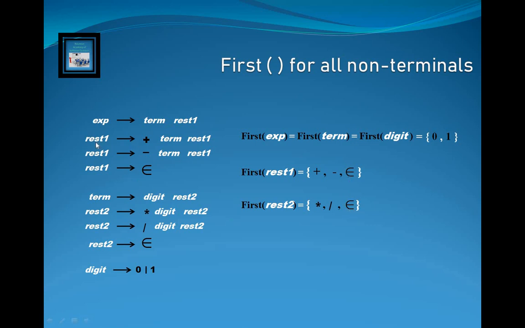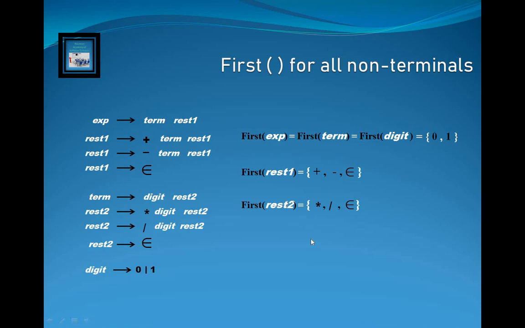First of rest1 is a set which contains plus, minus, and epsilon. Similarly, rest2's first production starts from the multiplication token and the second starts from the division token. So these two tokens are within the first set of rest2, and epsilon will also be part of the first function of rest2.